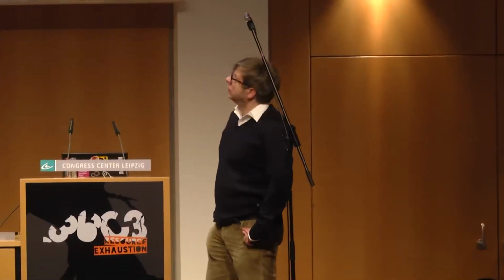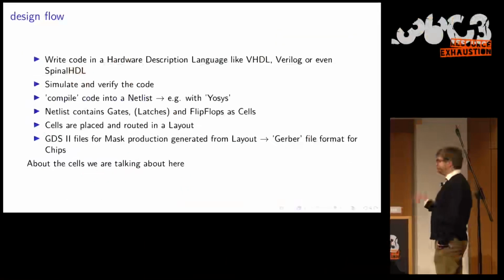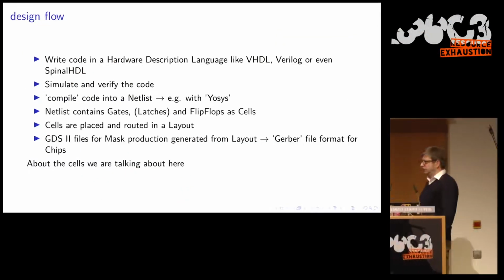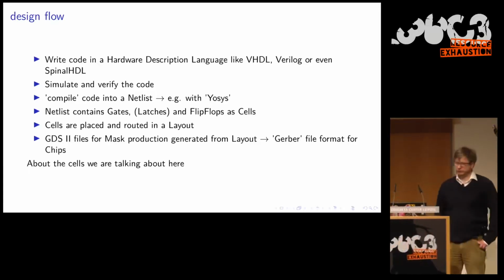It's called like this because it contains a bunch of gates, latches, flip-flops, cells, etc., and the connections between them. These cells need to be placed somehow on the silicon. They are placed within the layout.